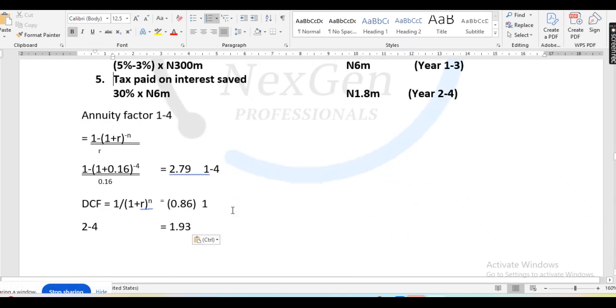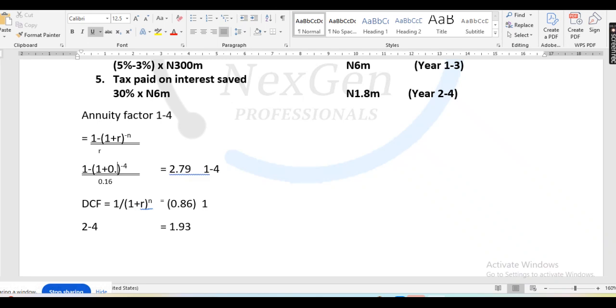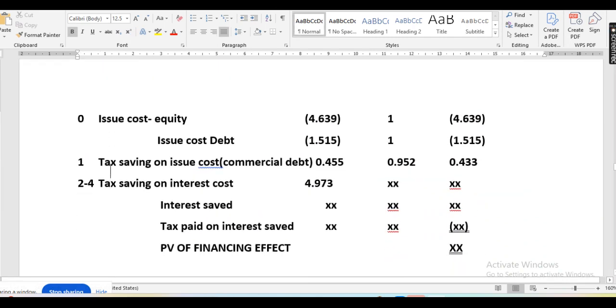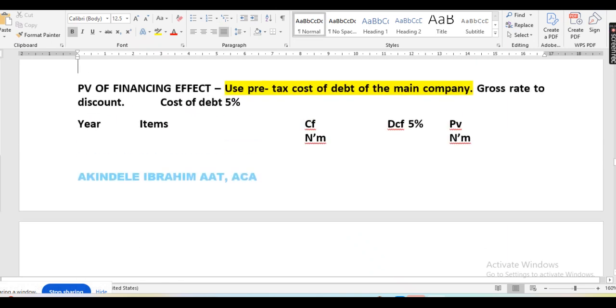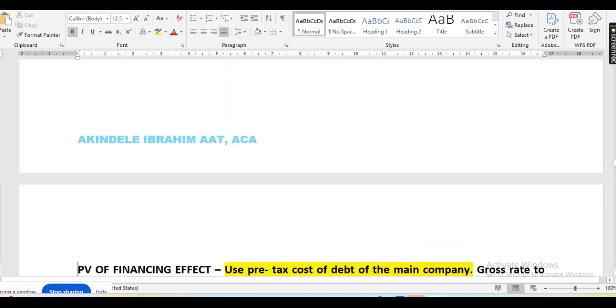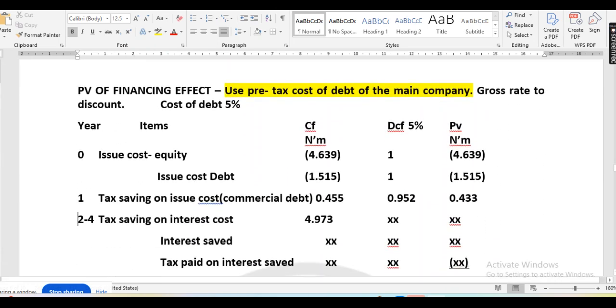So, don't forget, for the DCF, the R is 5%, 0.05. Class, we want to look for year 2 to year 4. When you want to look for year 2 to year 4, you need to get your DCF from year 1 to year 4, then you just remove only 1 year.